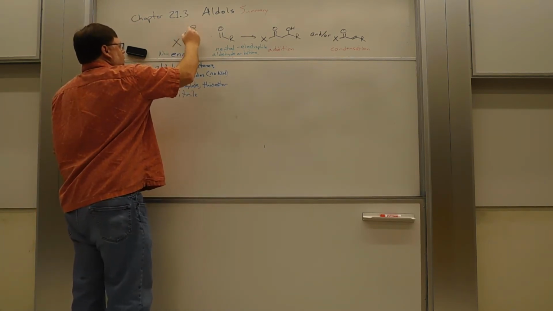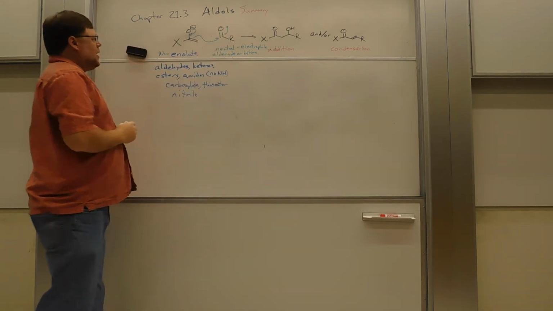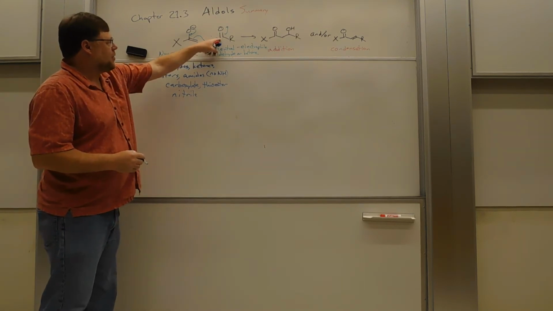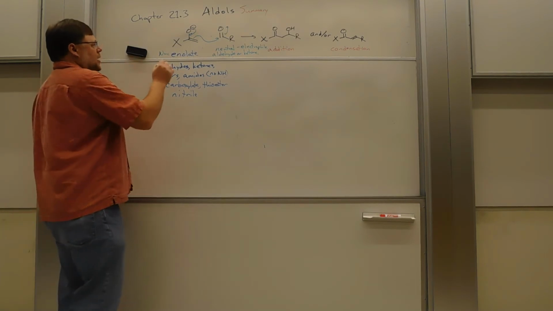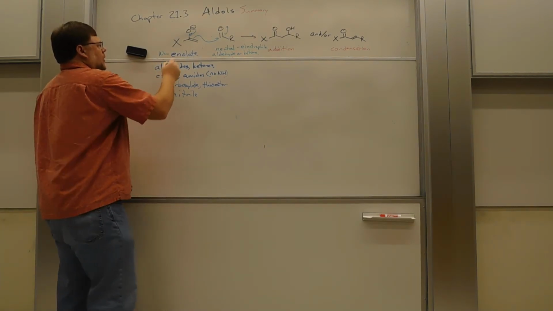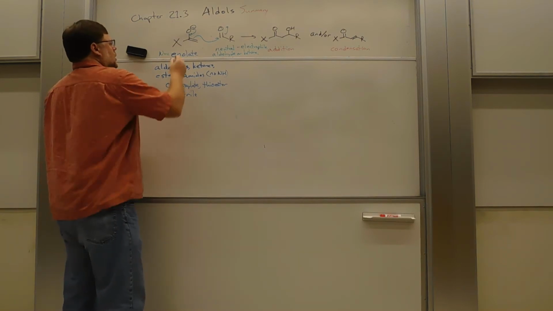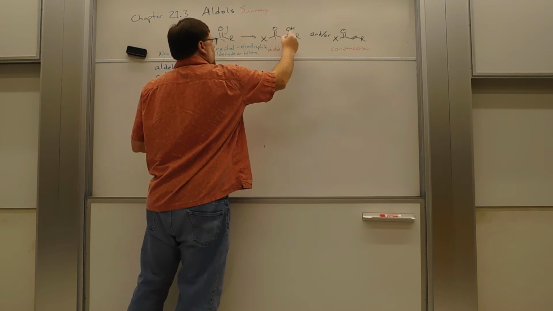So the mechanism is the enolate attacks the carbonyl. Remember, the carbonyl's got significant partial positive charge there. So you can push the electrons up on the oxygen. We make a carbon-carbon bond. If we number these, 1, 2, 3, 1, 2, 3.